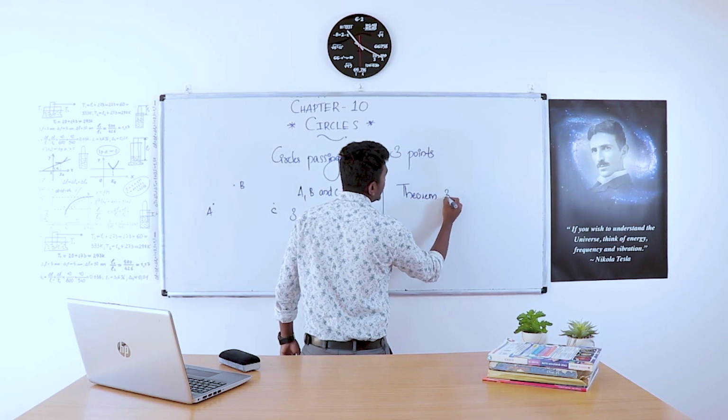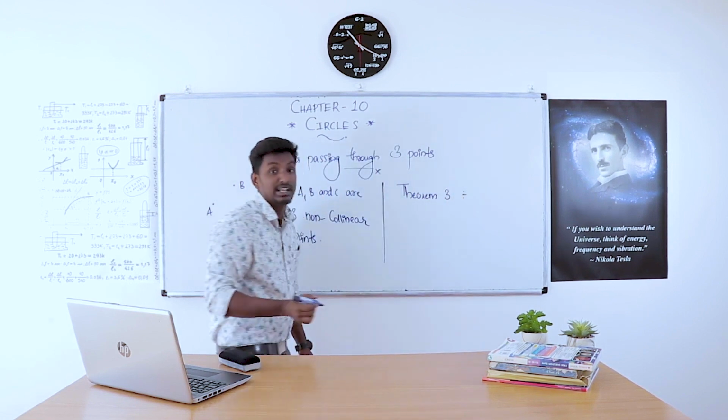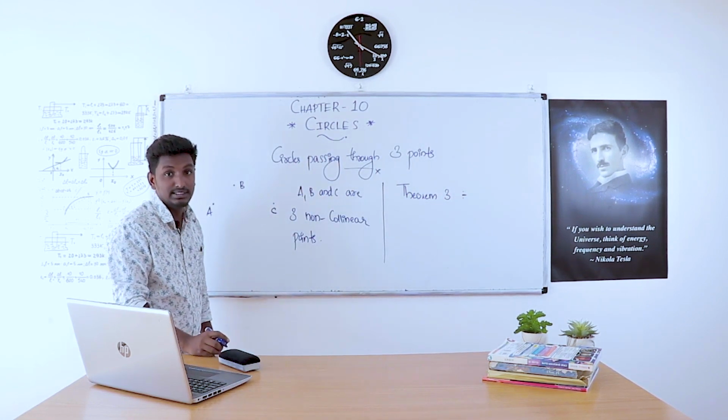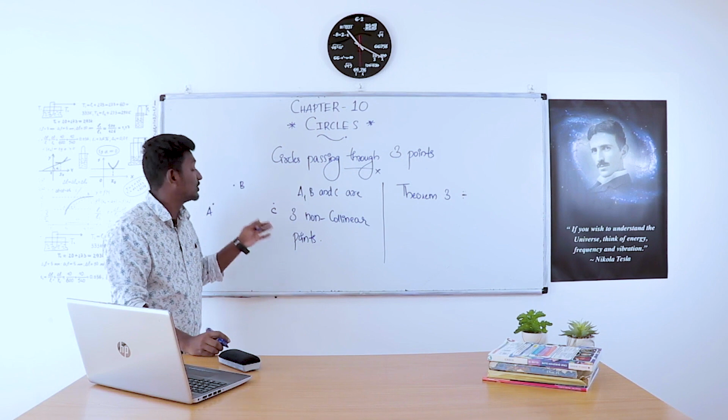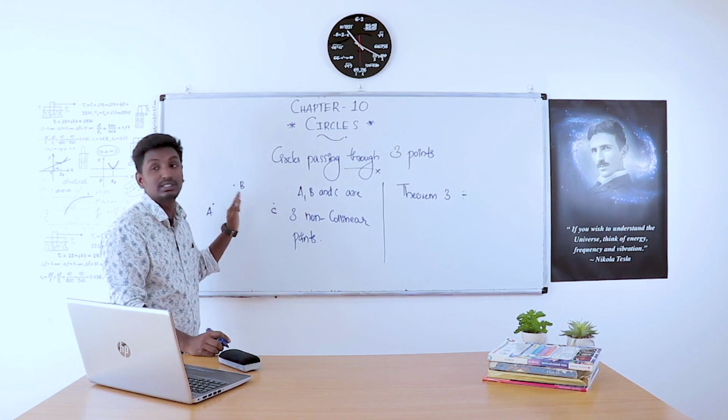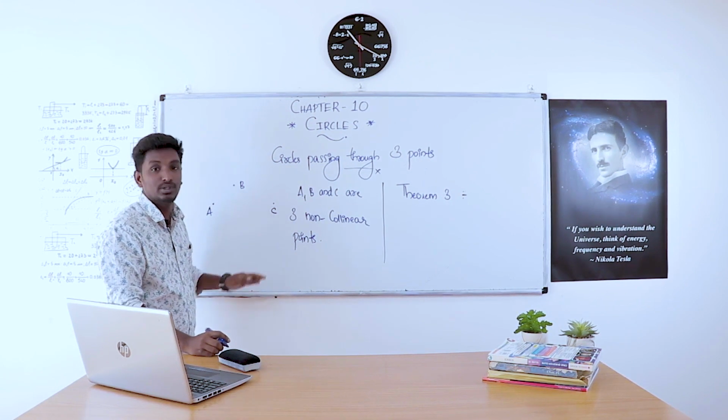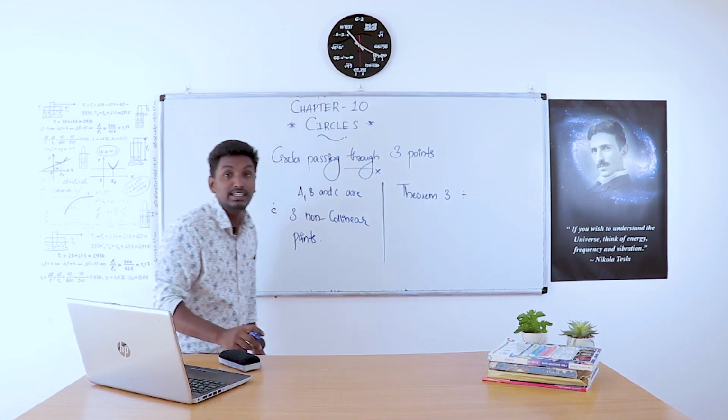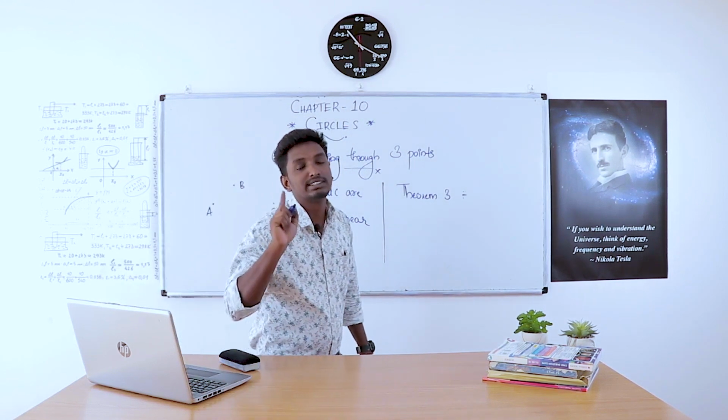When we try to draw circles passing through 3 non-collinear points, we can draw only one circle.